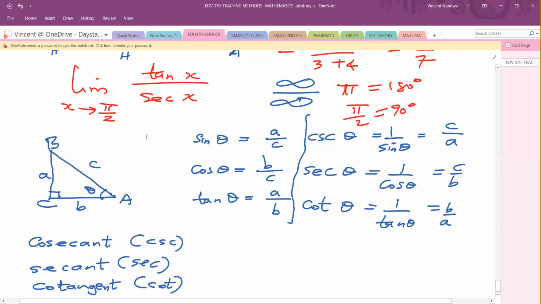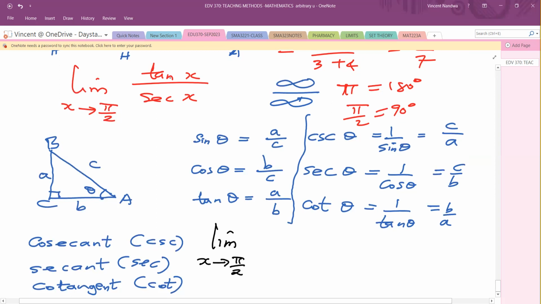So we will also be discussing limits at infinity, not necessarily trigonometric functions alone, but you can also find algebraic functions when x is approaching infinity.